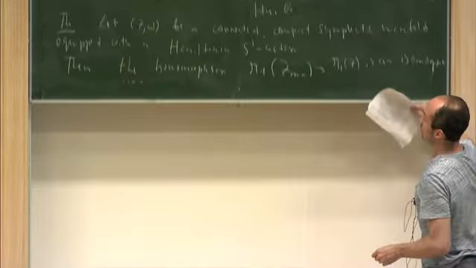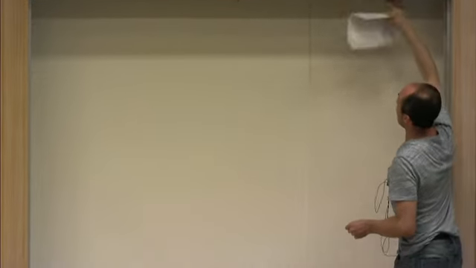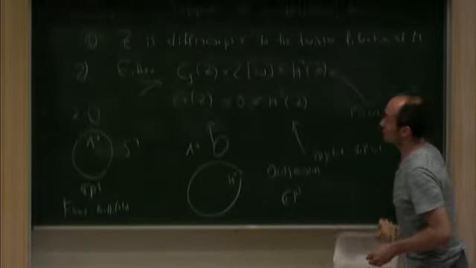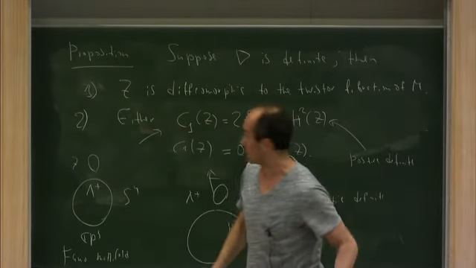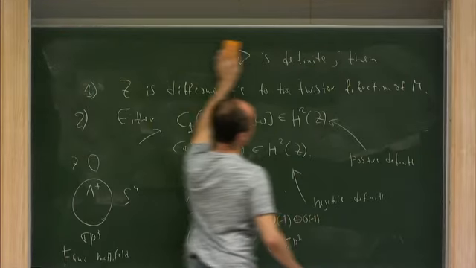So basically, whenever we have a Hamiltonian S1 action, this Hamiltonian attains minima somewhere.